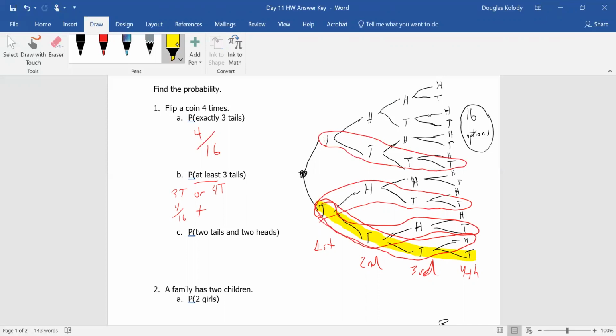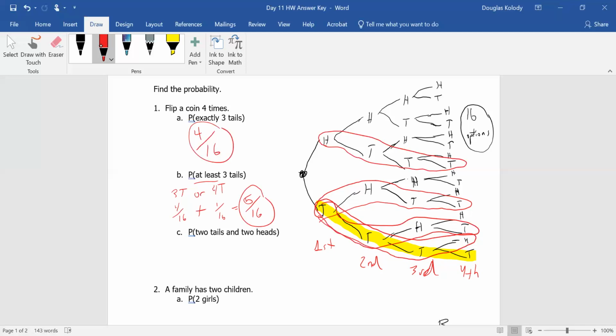That's an extra choice, so that's an extra 1 out of 16. So then there are 5 total branches out of 16. That's my answer for part B.